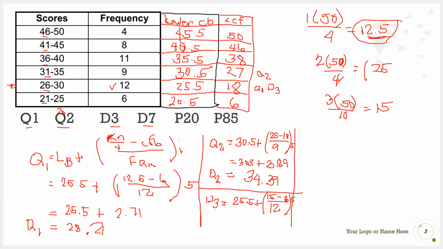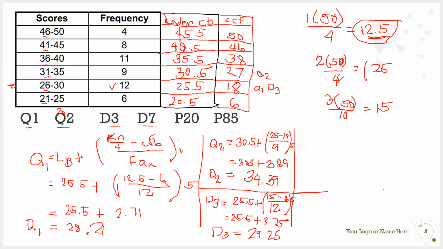Huwag kakalimutan yung times 5, ha? So that will be 15 minus 6 divided by 12 times 5. So that's 3.75. Idadagdag natin siya sa 25.5. So 25.5 plus 3.75 is 29.25. That's correct.